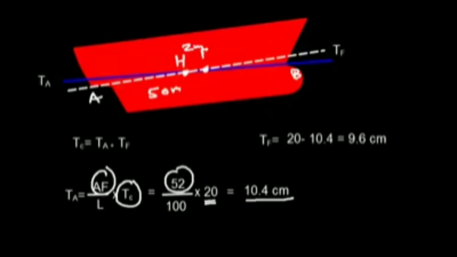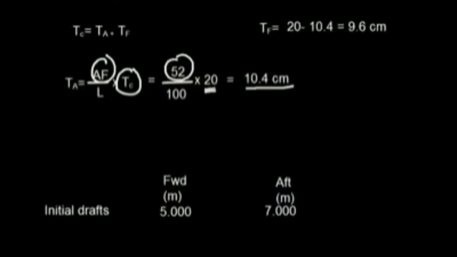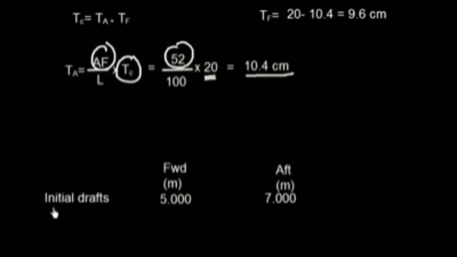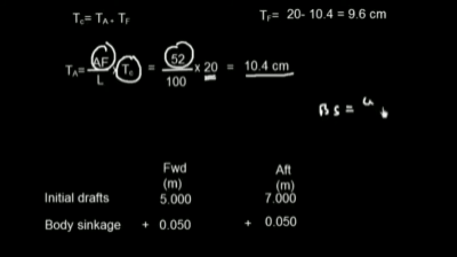Now let us work to find the final draft. So first let's write the initial draft, forward and aft. Forward was 5 meter and aft was 7 meter, and it is much better to write in 3 places. So first of all, there is a body sinkage, and the body sinkage was W by TPC.